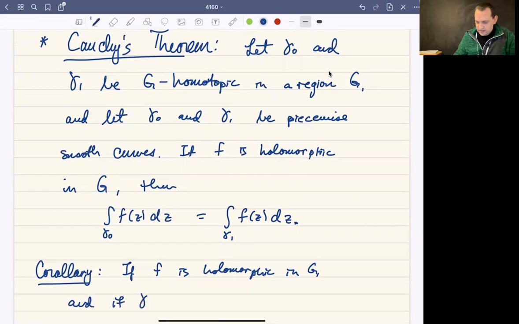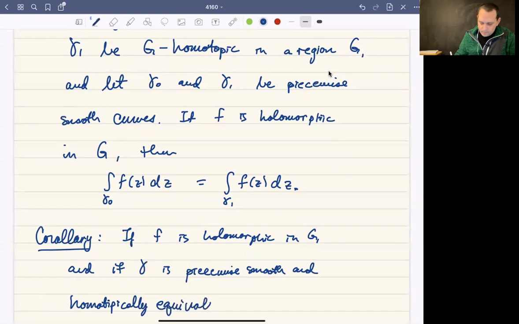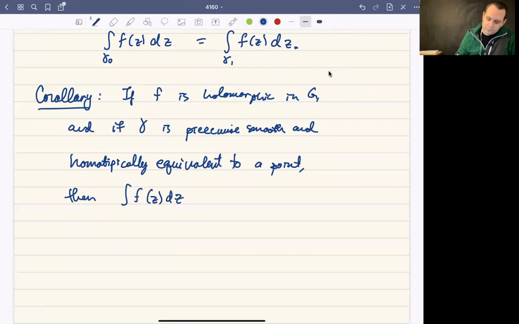And if, let's say, gamma is piecewise smooth and homotopically equivalent to a point, then it turns out that the integral of f over gamma is going to be the same as the integral of f over that point, which we know that an integral over a single point is going to be 0.